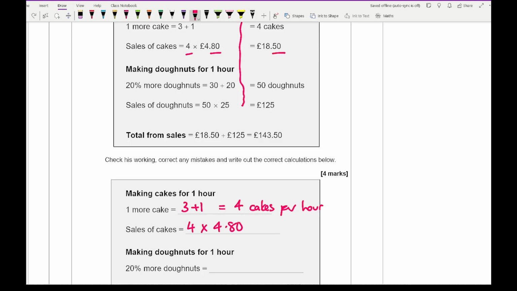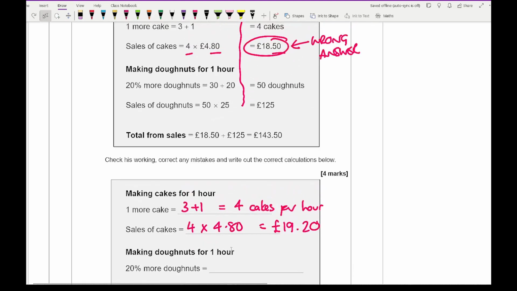So if I do 4 times 4.80, I get the correct answer of £19.20. So a mistake that they've made is this total here.